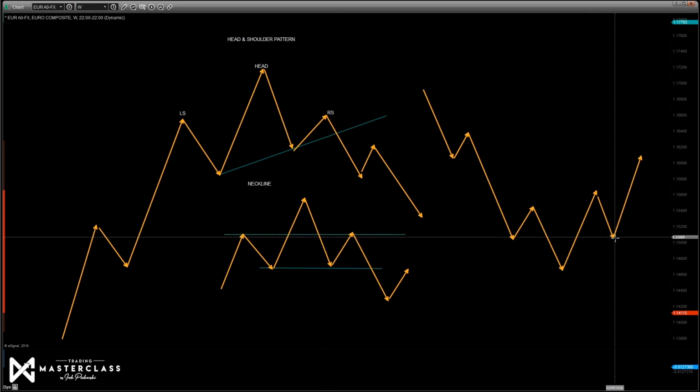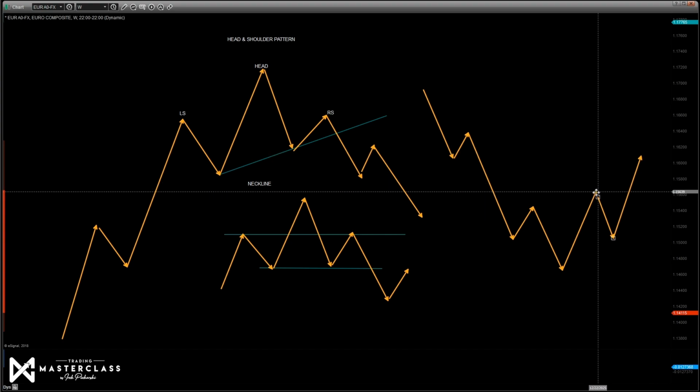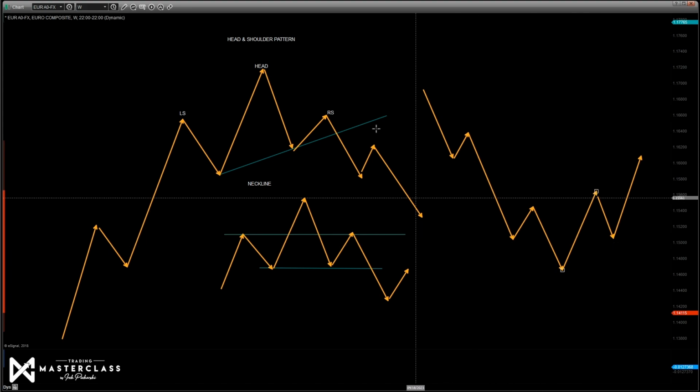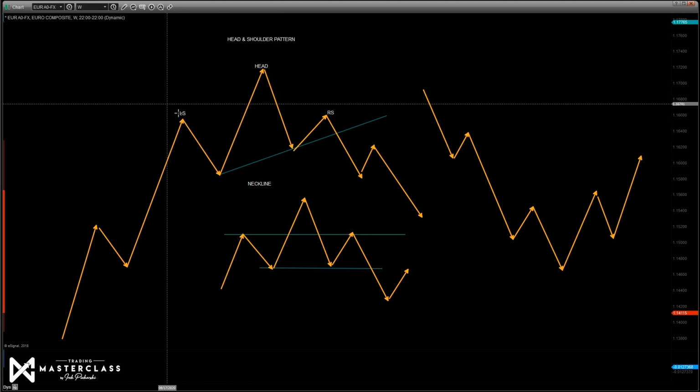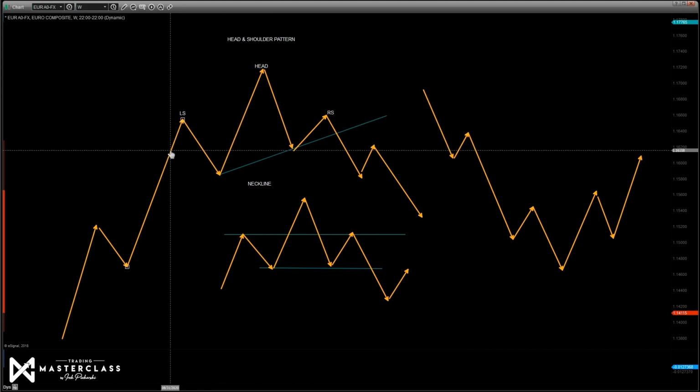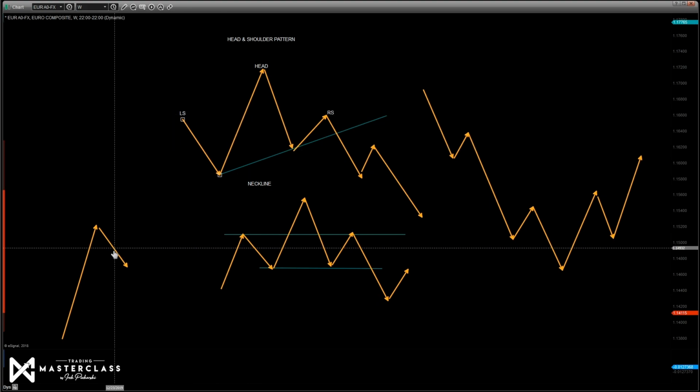Whereas in this case, the right shoulder is the confirmation of the trend change. Why? Because the trend change already was initiated with this higher high. So I hope that makes sense, but these are all reversal patterns. You can also find these as continuation patterns, meaning they, let's reverse this a little bit.